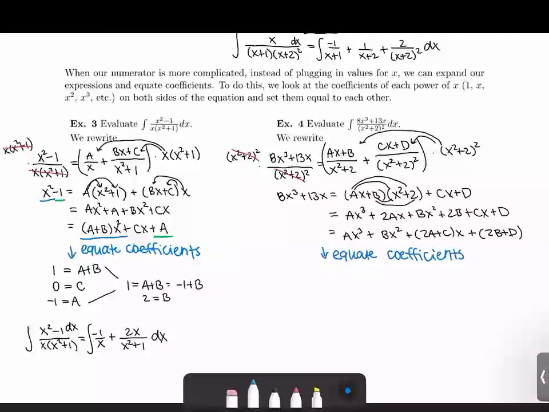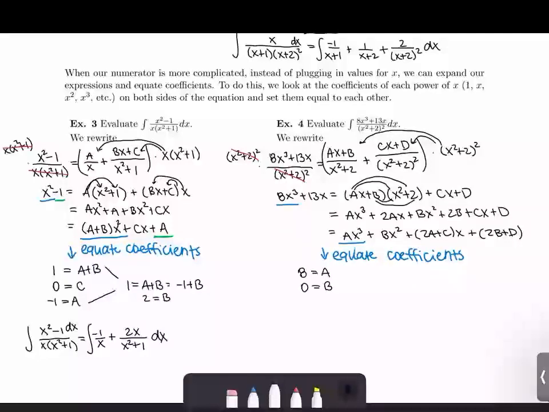So we look at our cube term, and we can see that there's 8x cubed on our left-hand side and ax cubed on our right-hand side. So that's going to give us the equation 8 equals a. Next, we look at our squares. So there are no square terms on our left-hand side. So that tells us that 0 equals our coefficient of x squared on our right-hand side, which is b. Next, we look at our coefficient of x.